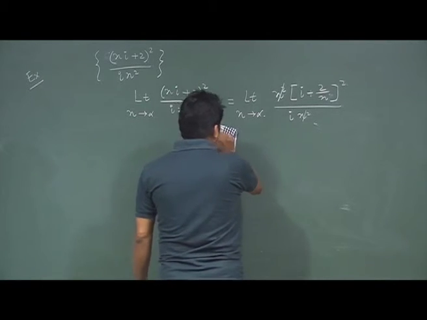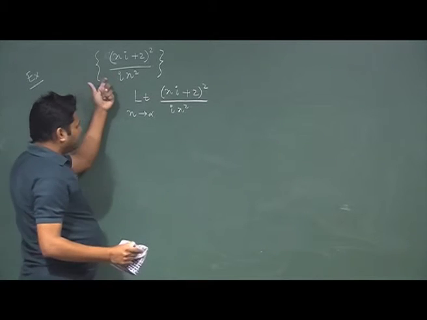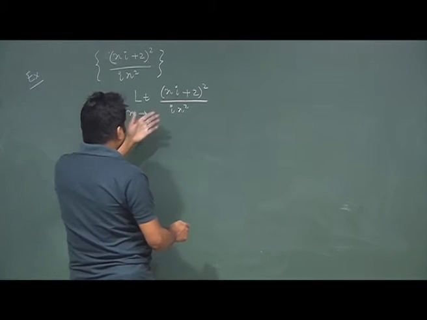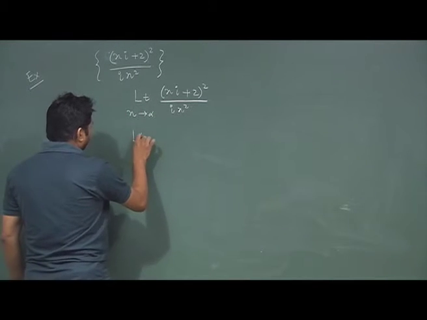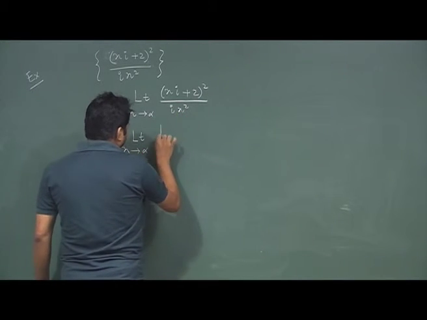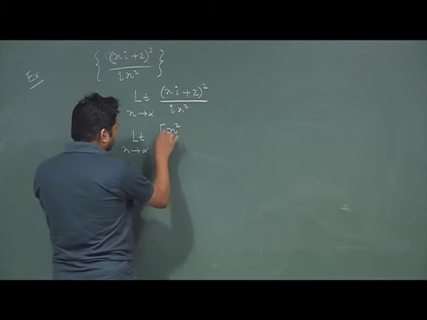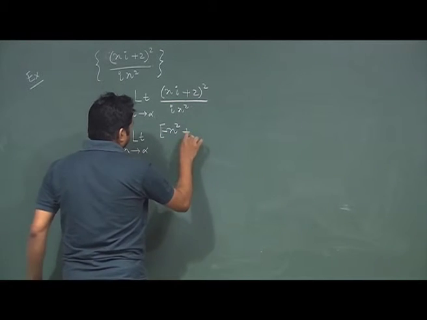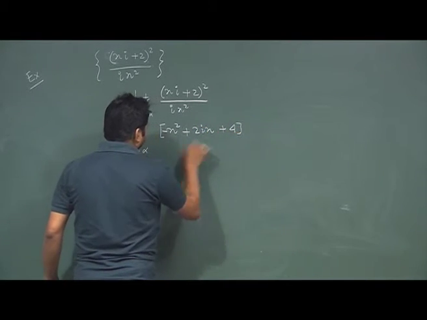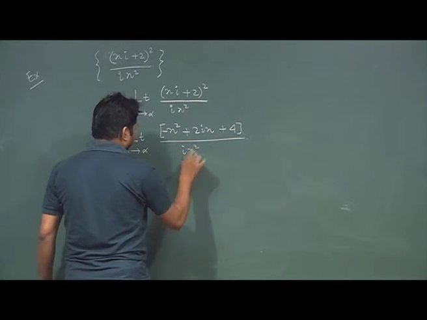You can also verify that the real and imaginary parts of this quantity go to some limit as n tends to infinity. So I need to find out this limit, and I can separate it into real and imaginary parts. If I make the square, it will be minus of n square plus 2 I n plus 4, divided by I of n square.